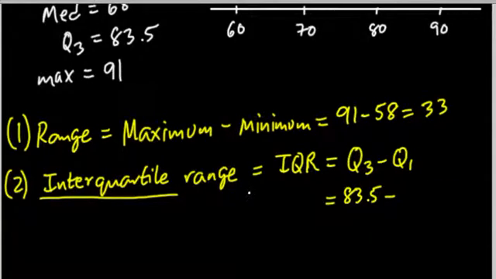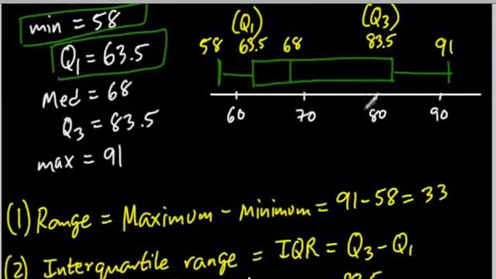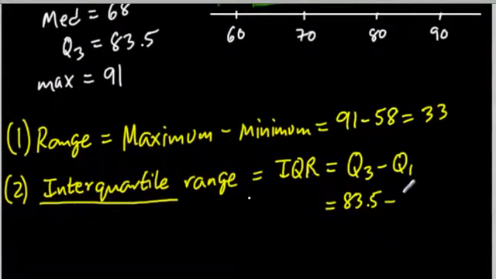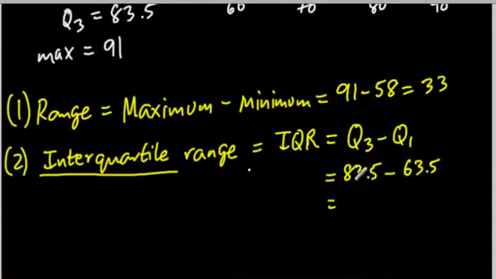And what's Q1? If we scroll back up, we see that Q1 is 63.5. So 83.5 minus 63.5 is 20. So the interquartile range, or the IQR, is simply 20.